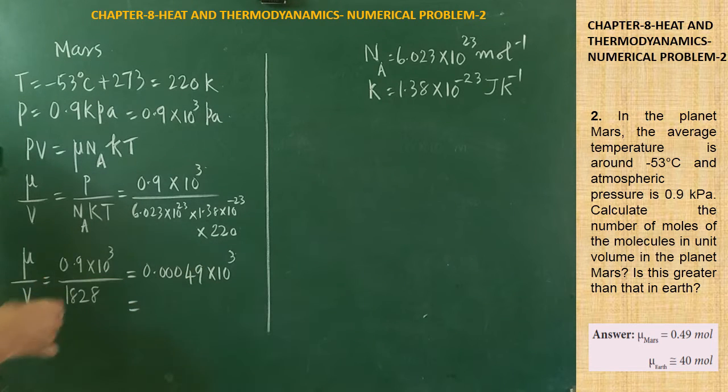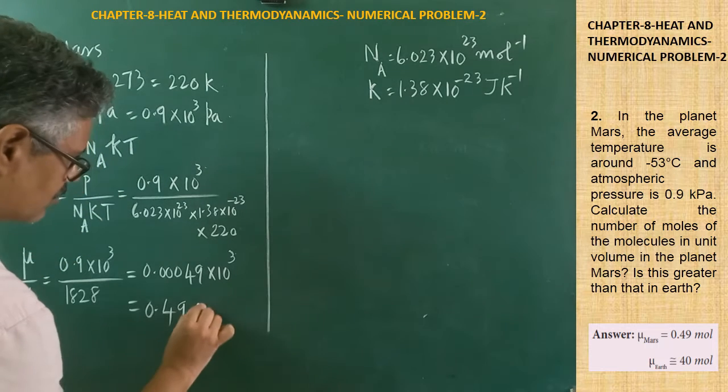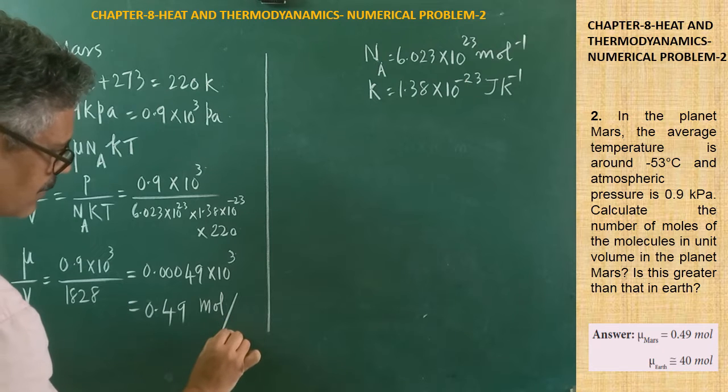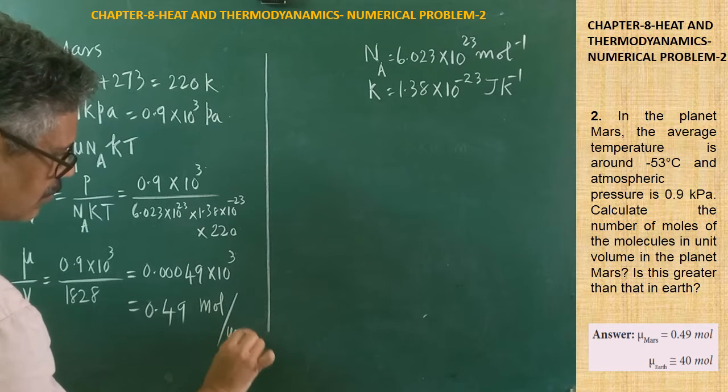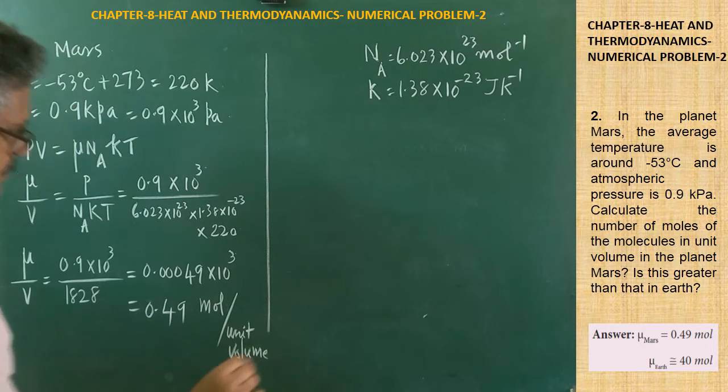After shifting the decimal point, you will get 0.49 moles per unit volume. So this means 0.49 moles are present in the unit volume. Are you clear? That is the answer obtained finally.